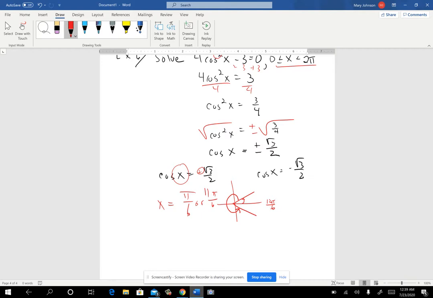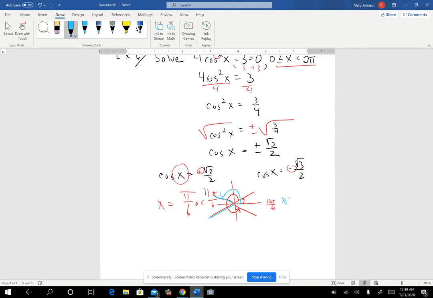All right. And then over on this side, I have negative square root of 3 over 2 is what I'm looking for. So those are going to be those angles that still have a reference angle of pi over 6, but the cosine is negative, right? So I'm still looking at those related angles. Let me do those in a different color. Let's do those in blue, these guys right here. So this one happens when you're pi over 6 short of pi.